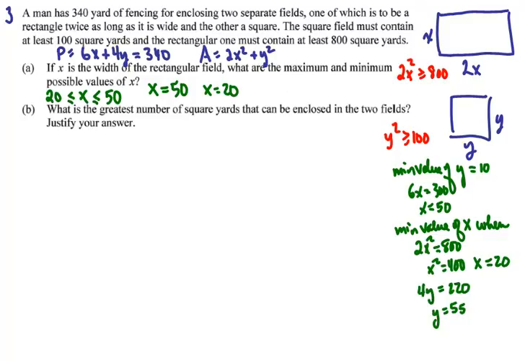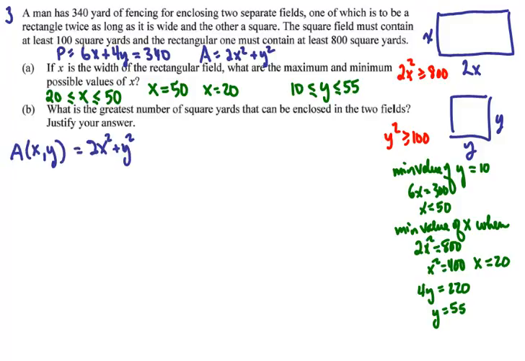And so y has a maximum value of 55. So whether we state this in terms of x, x is going to vary between 20 and 50, and y is going to vary between 10 and 55. Now the y wasn't asked there, just the x's were, and so the answers are 50 and 20 for part A. Now we're trying to find the greatest number of square yards.